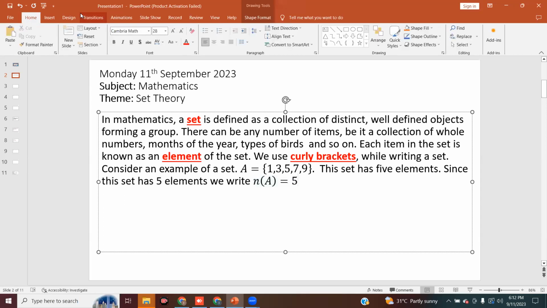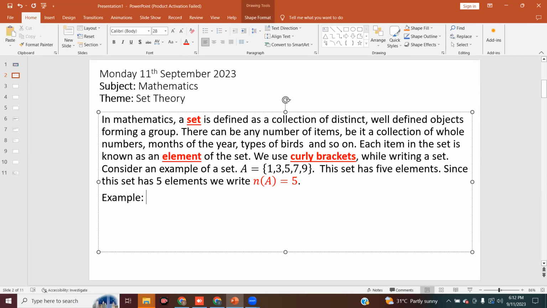So let me make sure you understand what I'm saying. With this symbol, we write n(A) = 5 because the number of elements inside A is 5. All right, let's look at some examples.